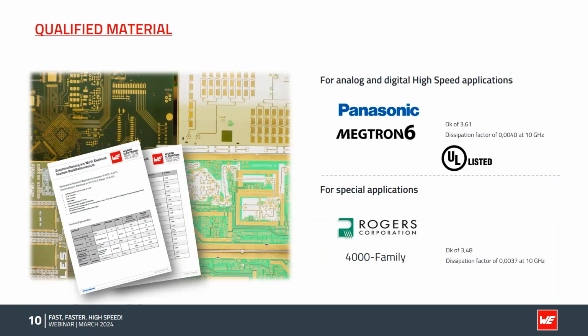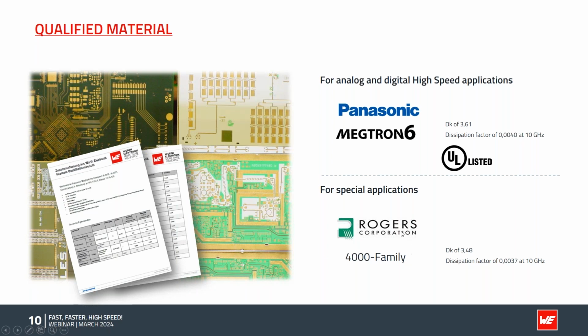So it's very important to have a good qualification of this material, that all these changes are very well understood and implemented in new parameters. And we have now qualified the Panasonic Mectron 6 for also complex HDI structures, and also in combination with some flex materials for flexible boards.